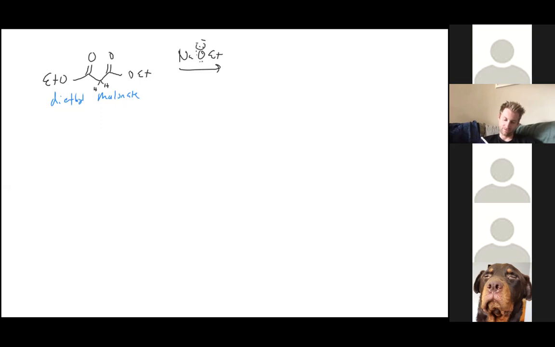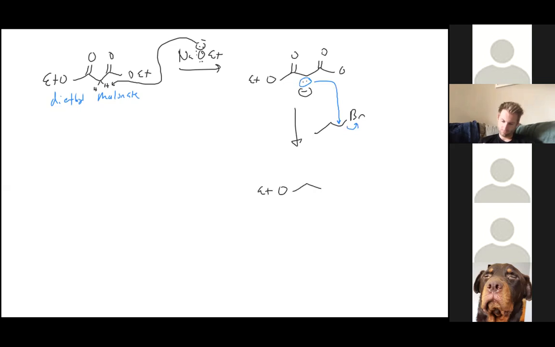They are pretty acidic because they've got carbonyls on both sides. From here, if we add in our propyl bromide, bromopropane, we are going to make the general structure of our final product.